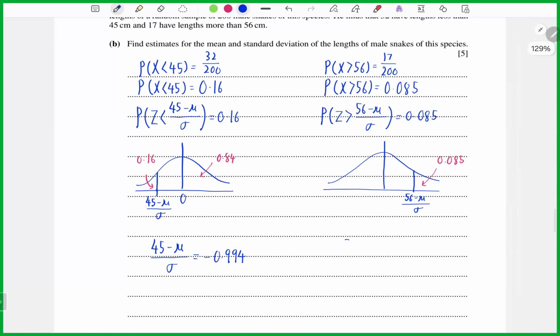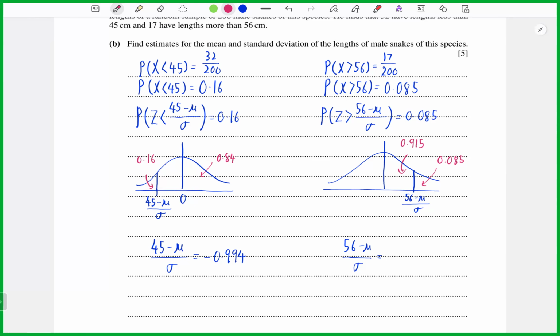(56 minus mu) over standard deviation. So we know here the probability is 1 minus 0.085, 0.915. Now try to find 0.915, from 0.9147.